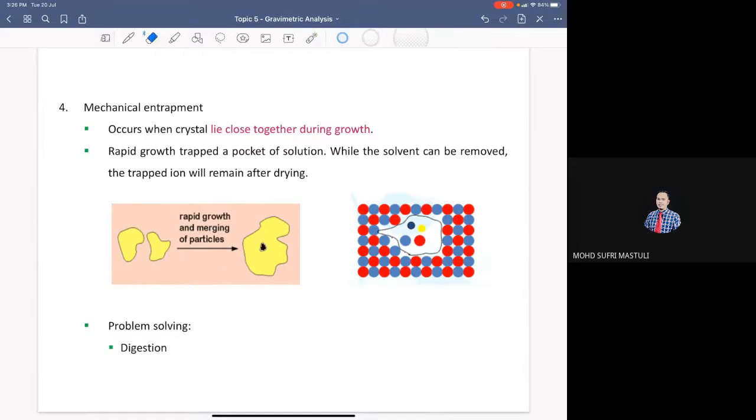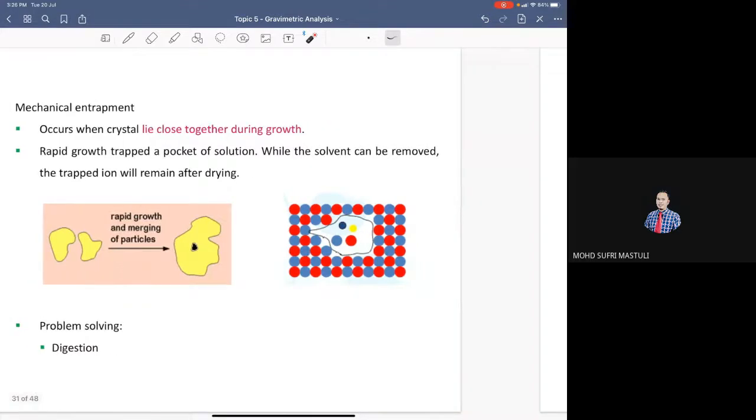So when the crystals grow, the foreign ion here will be trapped, so it remains after drying. So how do we solve this mechanical entrapment? We can do digestion.